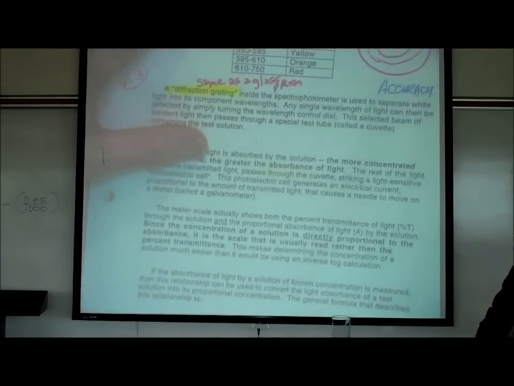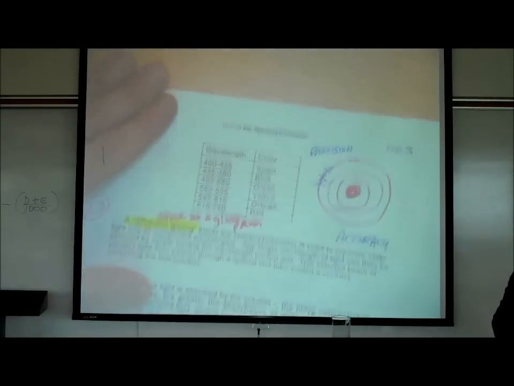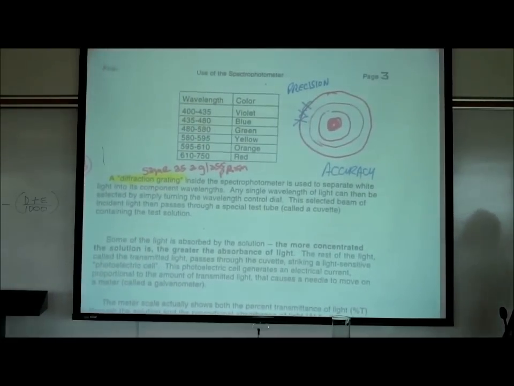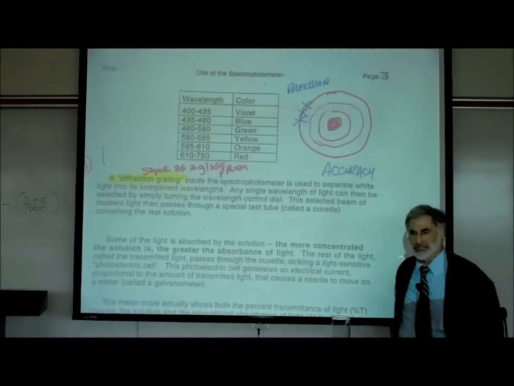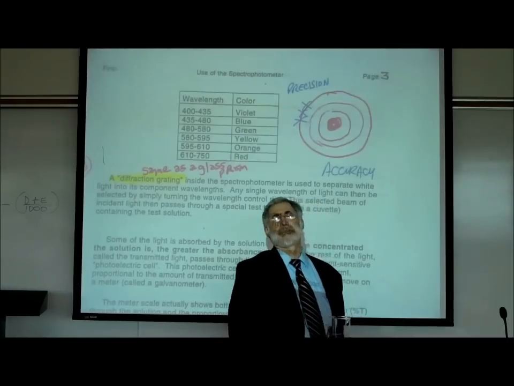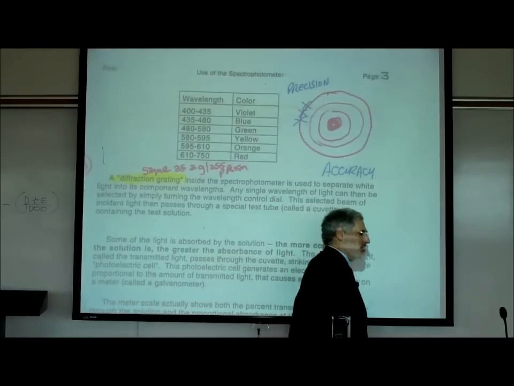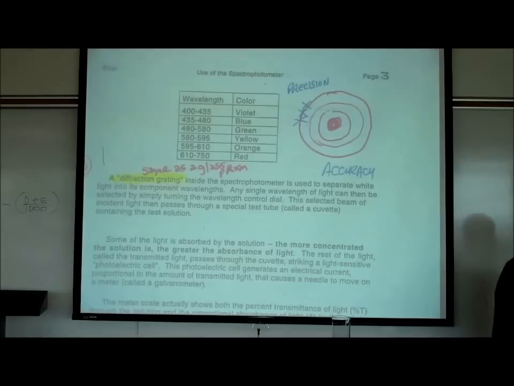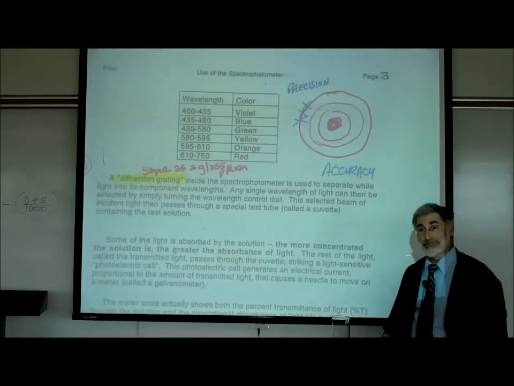It's a concept you learned about in chemistry also. The problem is accuracy and precision. I'm not going to get into all the details of the problems of accuracy and precision that you deal with in a chemistry class. Anybody remember the difference between those?